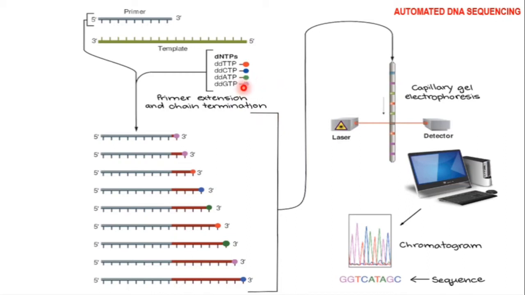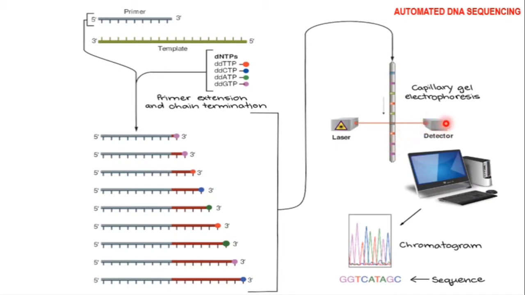So we can say that the first nucleotide is a guanine, and the second also gives the violet color.